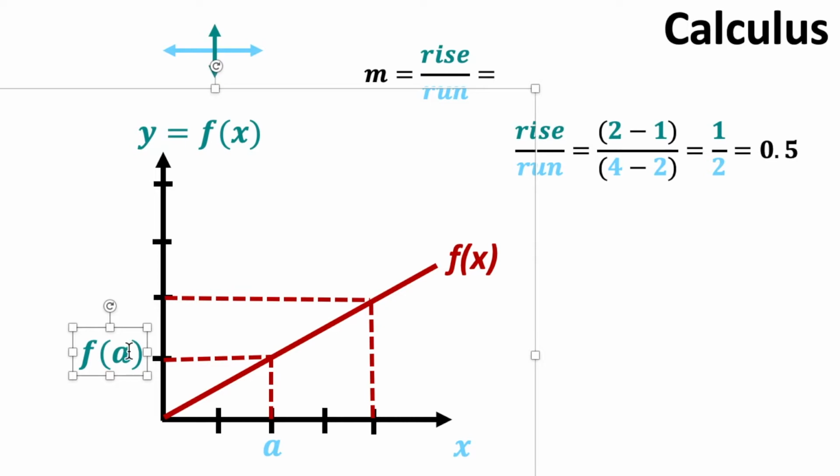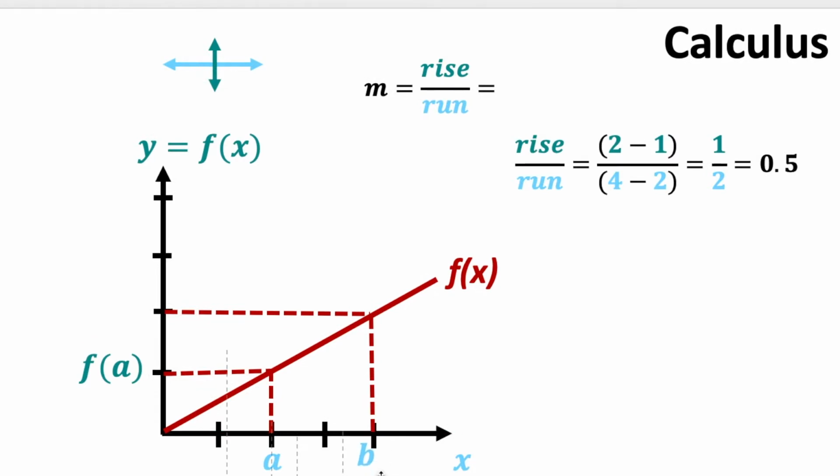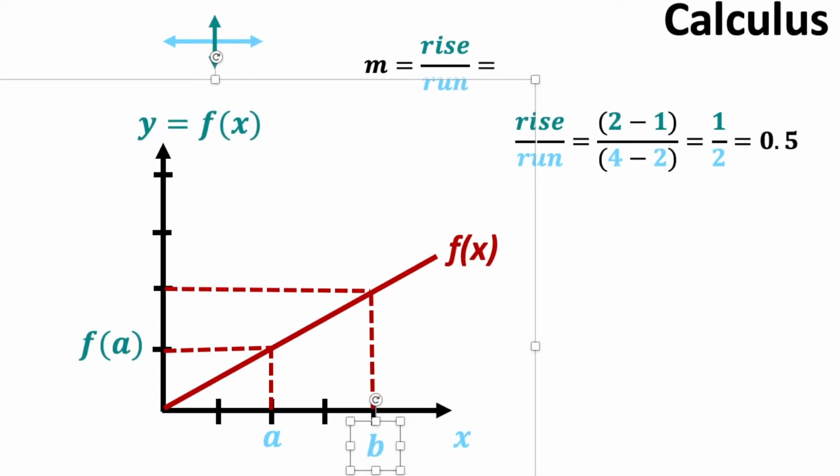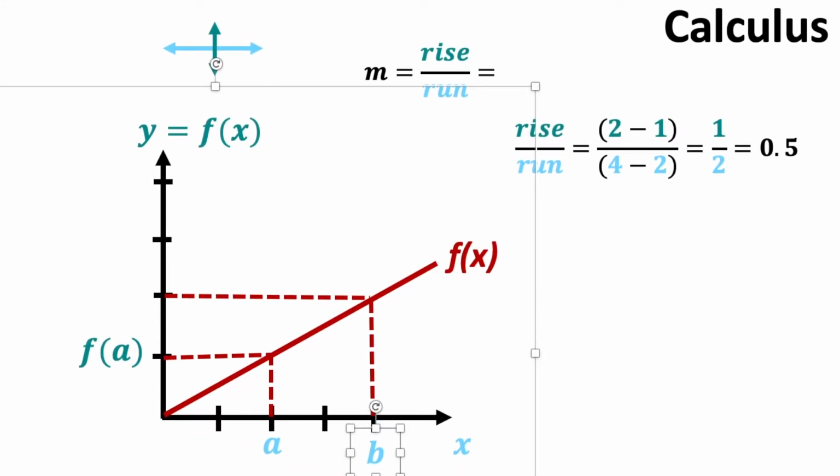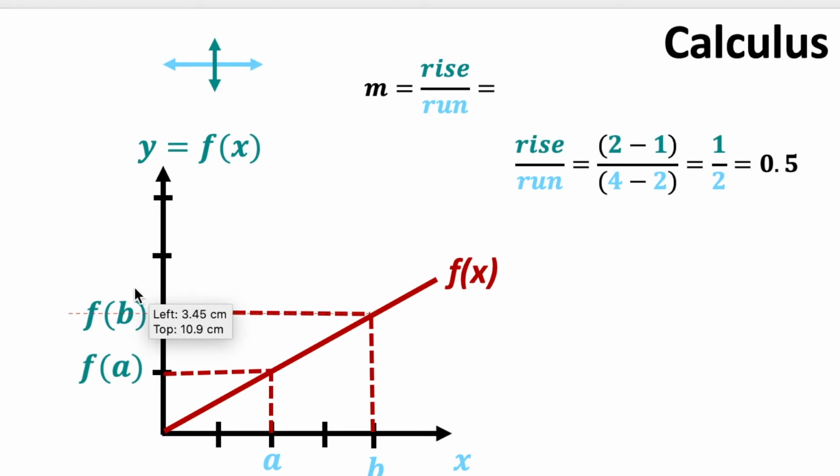because now it's the same function. It's the function f of x, which we have here, but this time we know it's not just any number, because it's specifically our a. And then for our second point, we can just call it b. And here, if you follow the same pattern I used for the first point, you might guess that the y value for this point here, you can simply call it f of b.